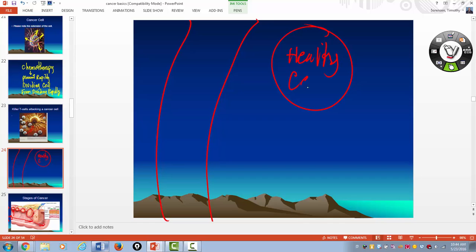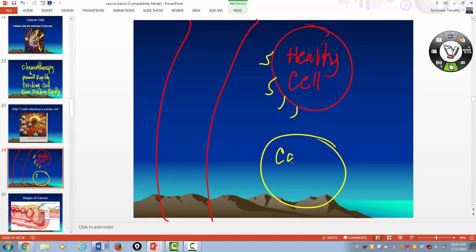cell here, right? And what do they do? They hang their proteins on the surface of the cell membrane. Cancer cells do the same thing, right?